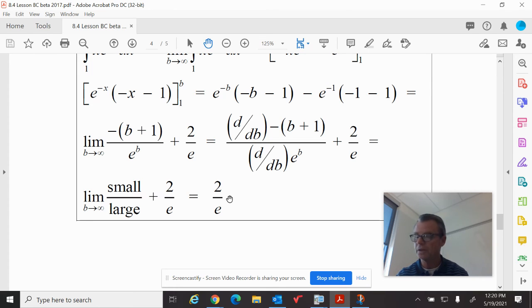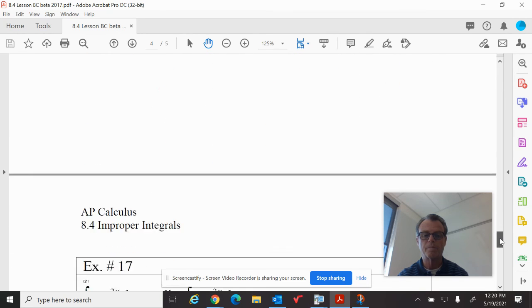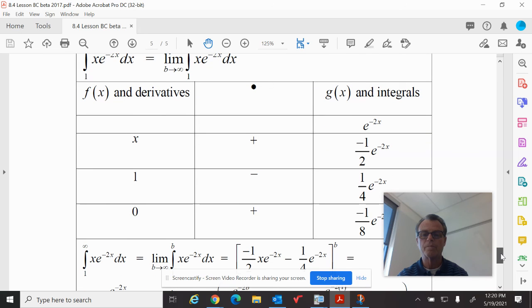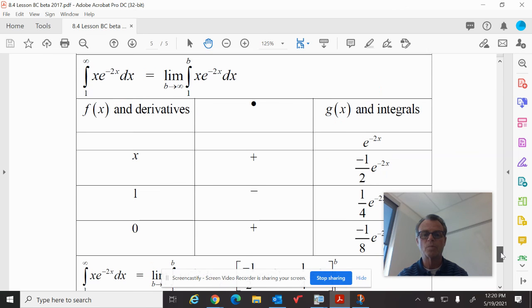Okay. So you're going to pause this and go to 17, and then the solution to 17 is on the bottom of the PDF. Which is the same question, except the exponent is negative 2x. So what do you have? I have e to the negative 2x, and you're anti-differentiating that.